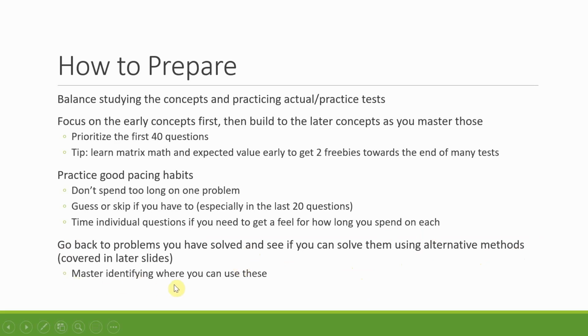Really try to master identifying the types of opportunities or questions where you can use these strategies. Because what that's going to let you do is answer questions regardless of if you know the math that's being tested or not. And it might be even faster than doing the math properly. So if you can really master these strategies, that's where you're going to see consistent improvements regardless of whatever they're testing.